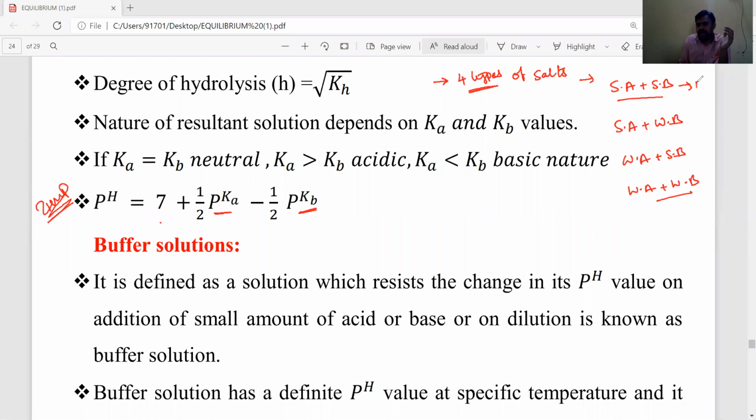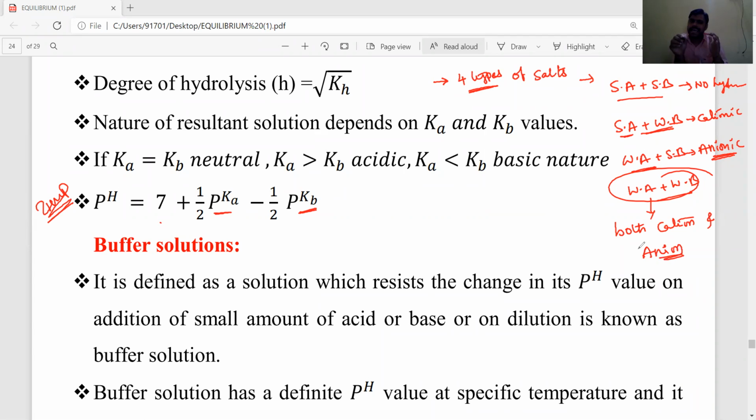The first one has no hydrolysis. The strong acid and weak base salt undergoes cationic hydrolysis, and the resultant solution has acidic nature. The weak acid and strong base salt undergoes anionic hydrolysis. The weak acid and weak base salt undergoes both cation and anion hydrolysis, and the nature of the solution depends on both Ka and Kb.